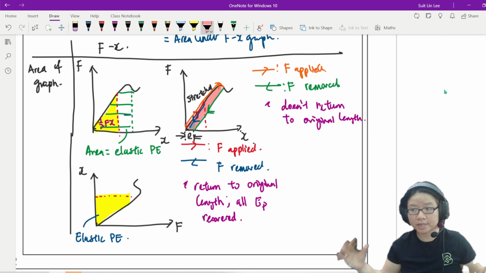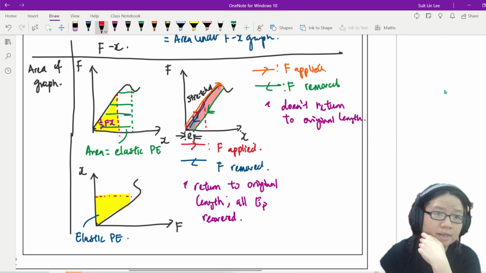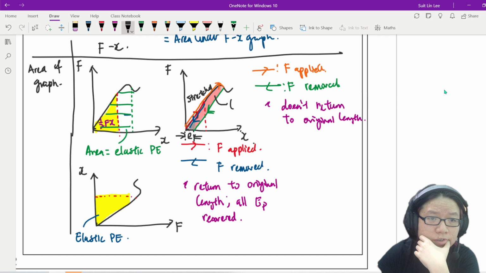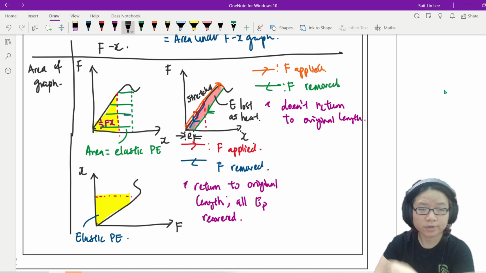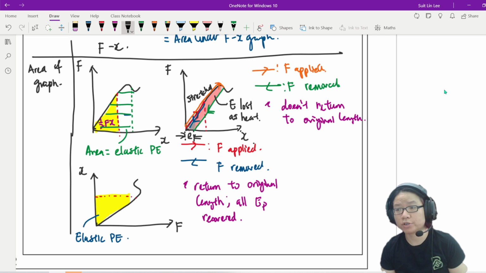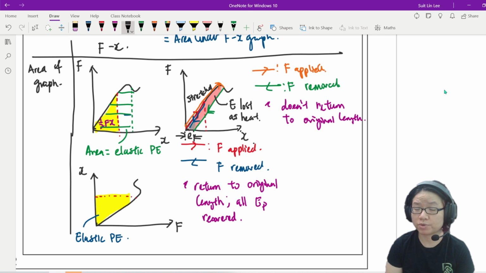So that's the permanent extension. And this area under the graph here, this is the energy lost as heat. So that's how you can interpret the graph. Area under the graph is always energy. And if you exceed the elastic limit, that's the energy lost as heat.